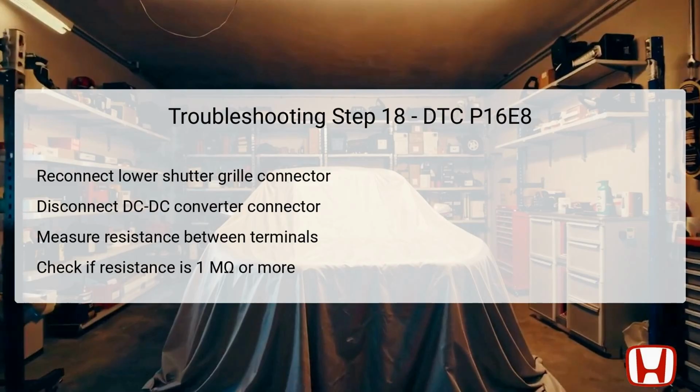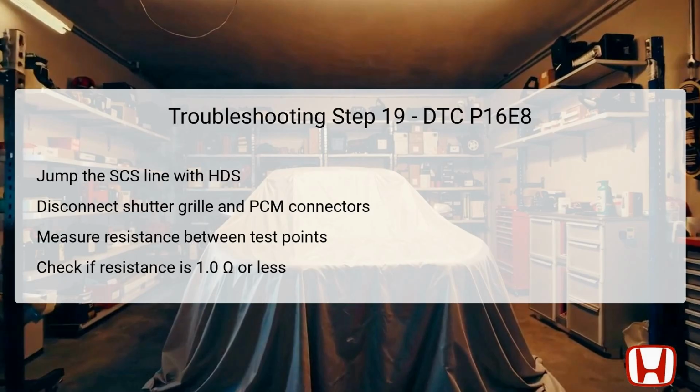Once again, a measurement of 1 megaohm or more is essential to validate proper communication pathways. If measurements do not conform, the recommended course of action is to replace the lower shutter grille component, reinforcing effective operation in the overall vehicle system.